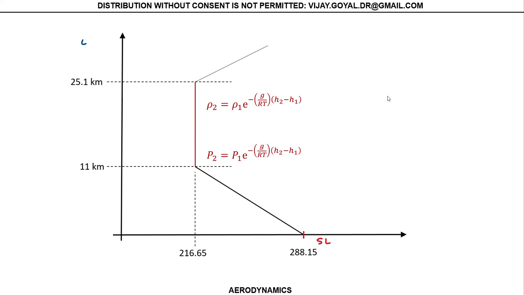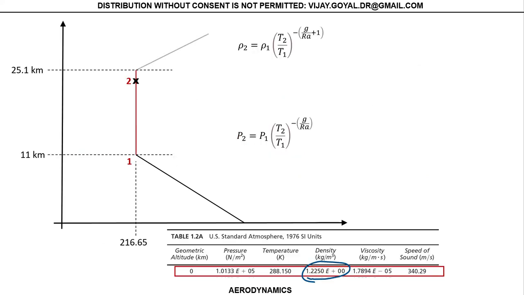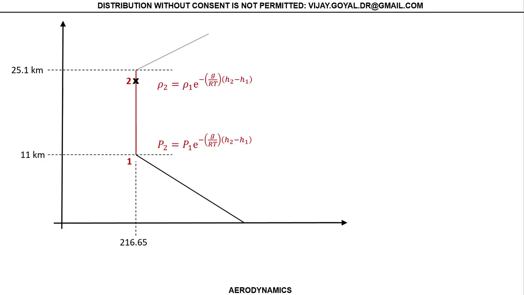Okay, so the next point that we are interested in is my second point that's up here. Again, I'm still going to use point number 1 right here, and this is going to be point number 2. Replace these values. The only thing that changes from the previous slide is my H2 and H1.